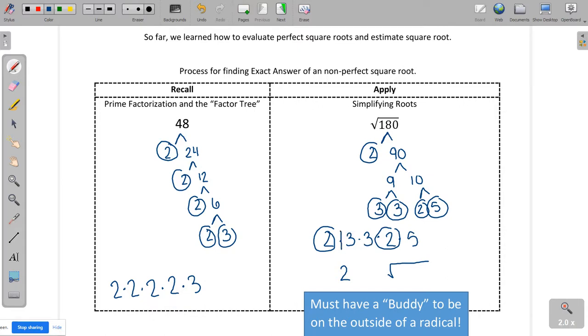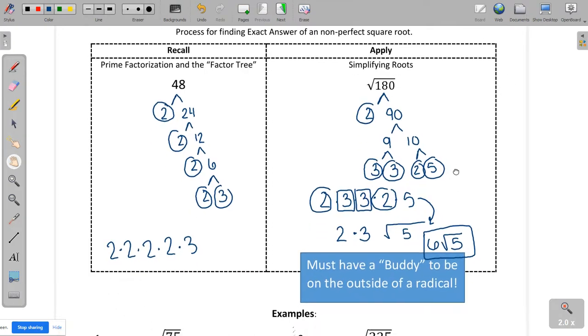Now we have a 3 and a 3. We're going to write it on the outside once, and anything left over we bring to the inside of our radical. And now we simplify. 2 times 3 is 6, square root of 5. So you have to have a buddy, so you have to have pairs to come on the outside. And when you come on the outside, we just write it once.